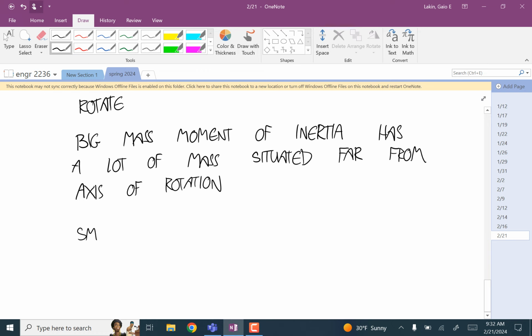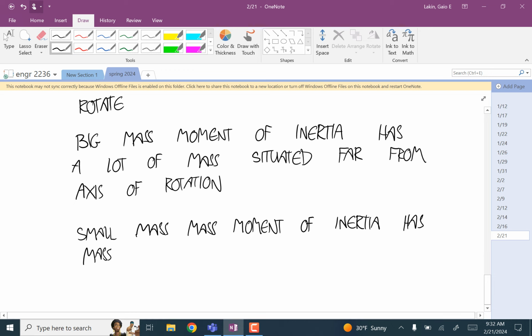And a small mass moment of inertia has the mass situated close to the axis of rotation.